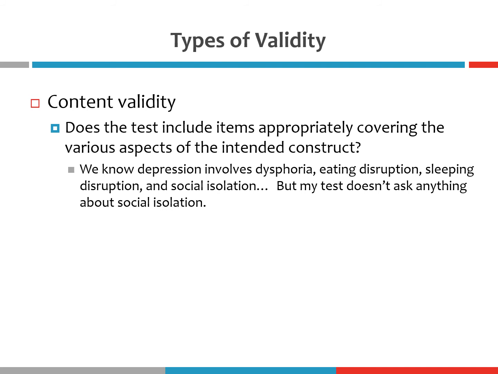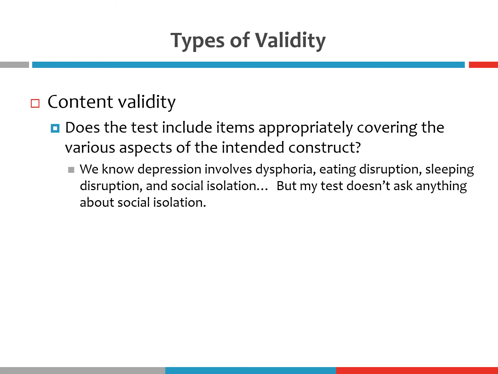Clinical psychologists know that there are many different facets of depression, or many different types of symptoms that arise during a depressive episode. For example, depression can cause disruption in normal sleep cycles and eating habits. You can experience social isolation while you're depressed.